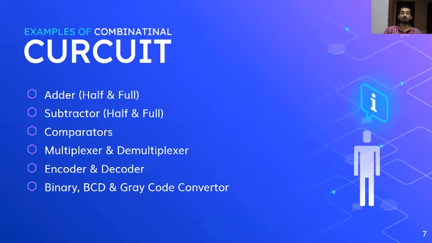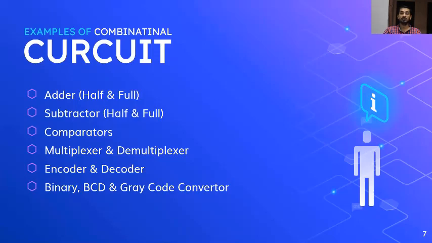So these are some examples of combinational circuits. Number 1 is adder. An adder could be half or full. An adder is a combinational circuit that performs addition.